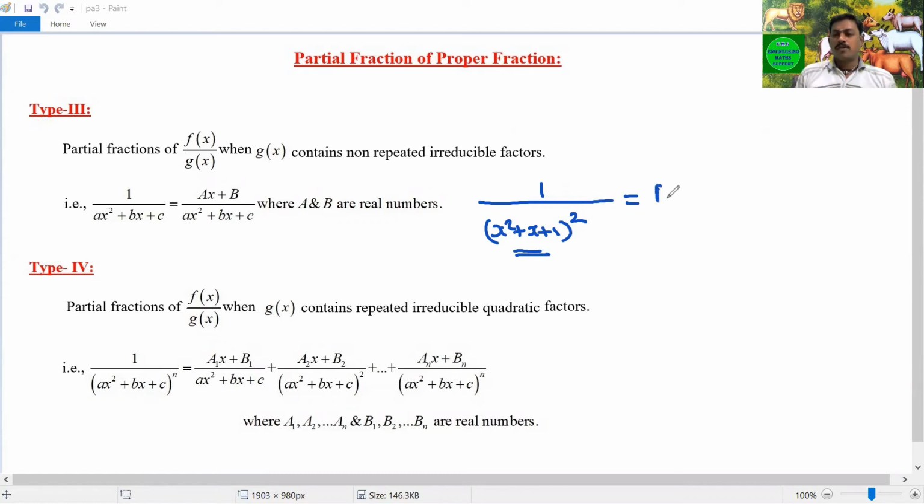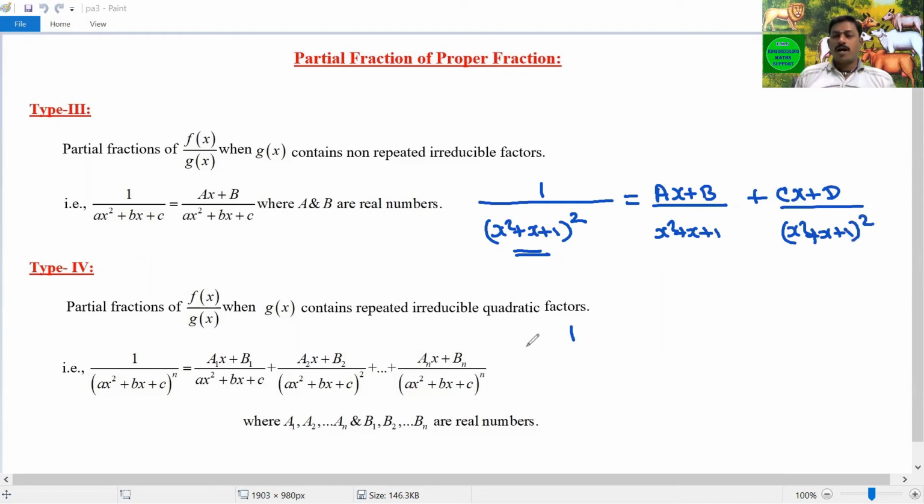Therefore we can express our partial fraction as Ax plus B divided by x square plus x plus 1, plus Cx plus D divided by (x square plus x plus 1) the whole square.